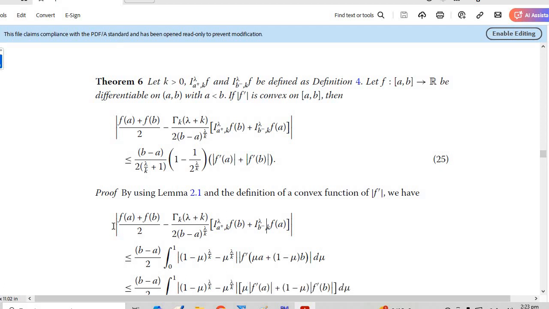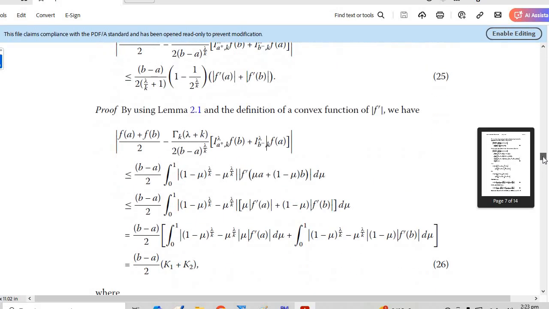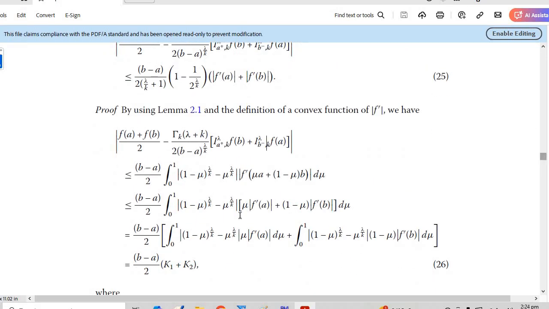By using the absolute value property of the integral, the modulus is less than or equal to the integral of the modulus, taken separately over each term, and we have made some settings here. This is the convexity of f prime; we use the convexity and get this one.